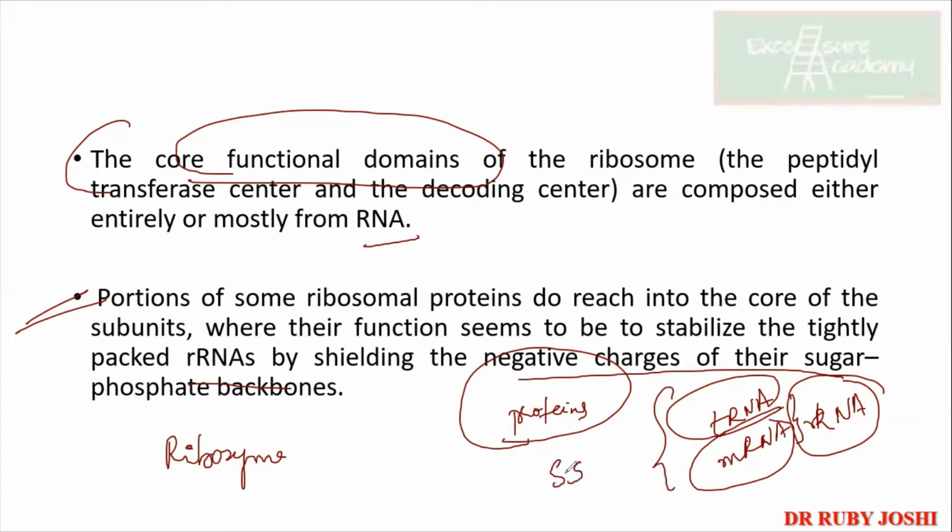Even though they are single stranded, they do have a sugar phosphate backbone, correct? Now, because you are bringing the tRNA and the mRNA into the ribosome, and because of the presence of this negatively charged sugar phosphate backbone, what could happen? Just because all these negative charges of the sugar phosphate backbones are coming together, what will happen?